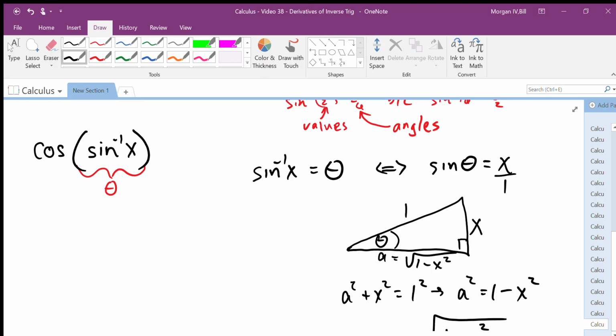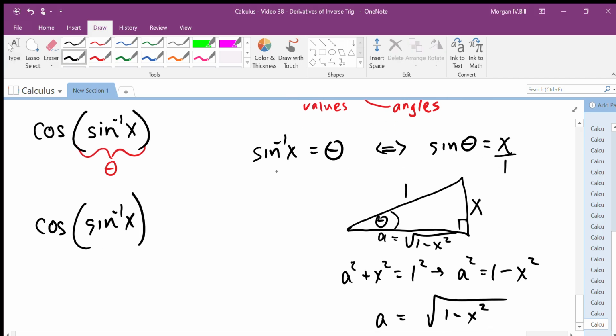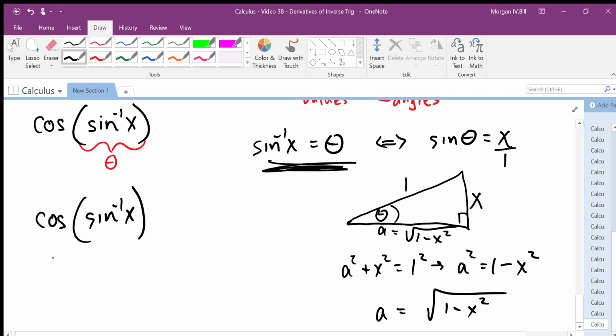Now let's go back here to our original. What I wanted to know was, what is the cosine of the inverse sine of x? Since the inverse sine of x is theta, that's the same thing as saying, what is the cosine of theta? All right, just replacing inverse sine of x with theta. And by definition, the cosine of theta is the adjacent over the hypotenuse.